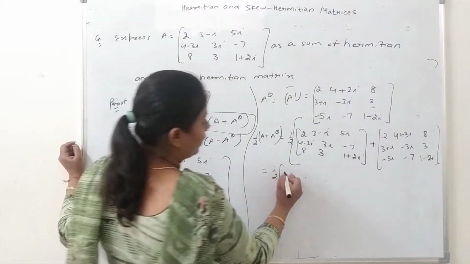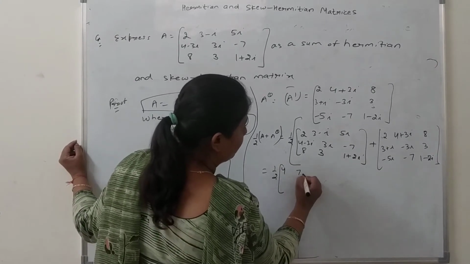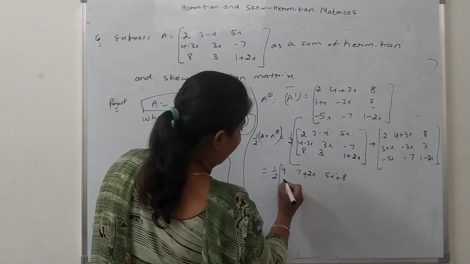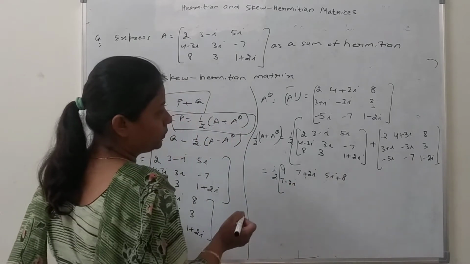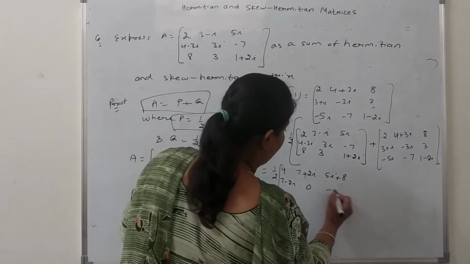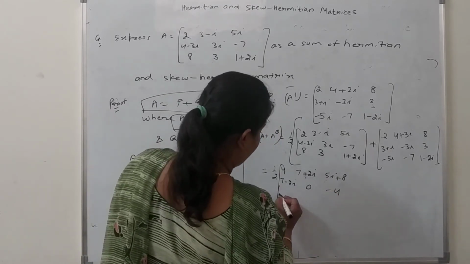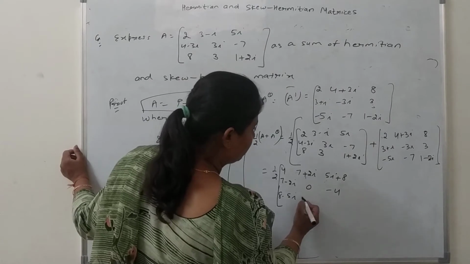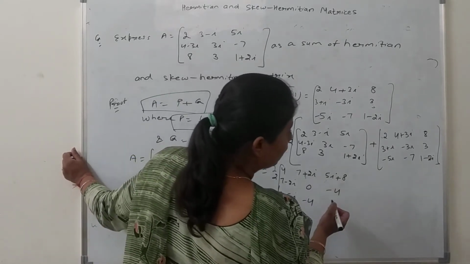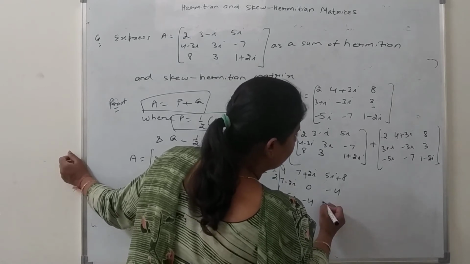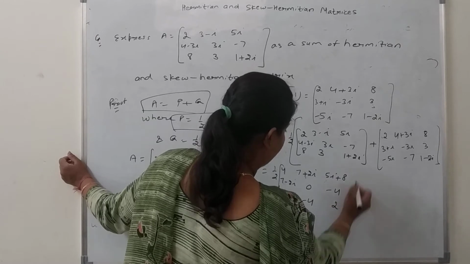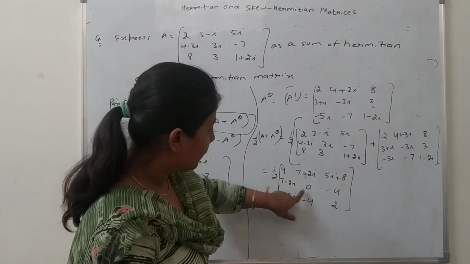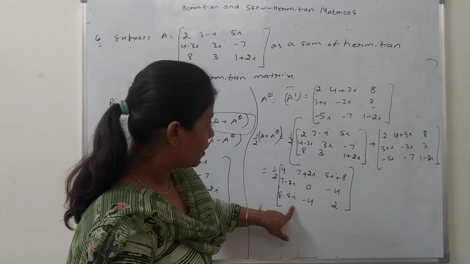A plus A theta will become 4, 7 plus 2 iota, 8 plus 5 iota, 7 minus 2 iota, 0, minus 4, 8 minus 5 iota, minus 4, and it is 2.